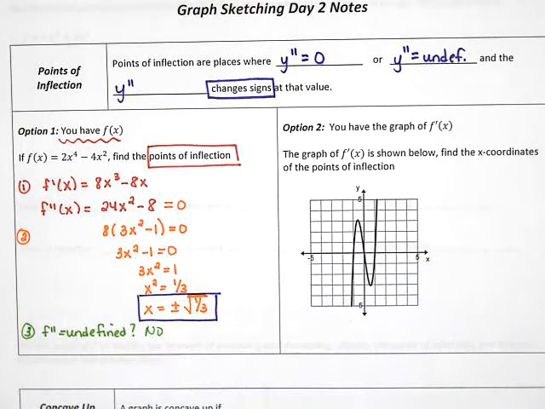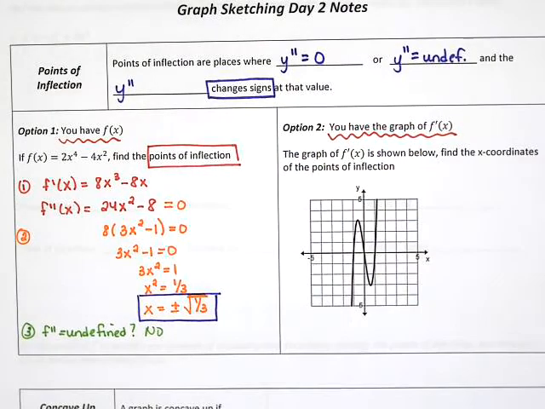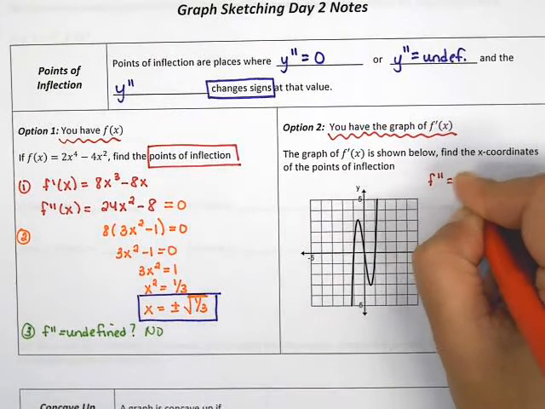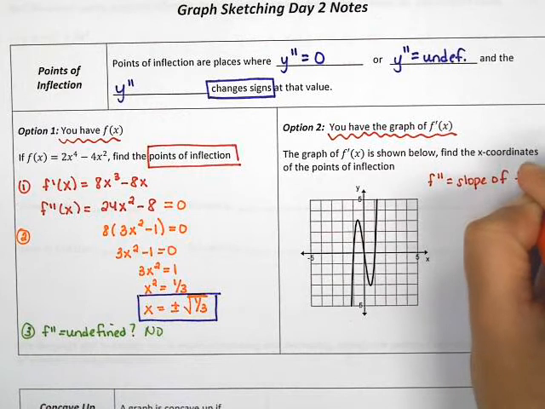Now let's say instead of giving you the equation of a function, I give you the graph of f prime. Well, if I give you the graph of f prime and I'm asking you to talk about the second derivative, it would be the slope of f prime.